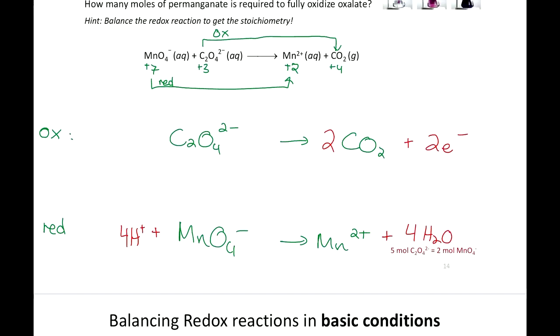So don't skip this, don't be lazy. Like inventory all the charge on each side. So on my reactant side, what is the total charge that you see? +3, yes, because it's 4 H pluses and a minus permanganate. And then on over here, we get, oh, it's not 4, sorry.